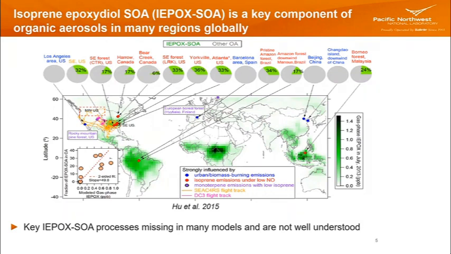So the key is that it is now well recognized that IEPOX SOA is forming in many places, including over the Amazon and over Southeast USA. The IEPOX SOA formation chemistry is shown to be really important. But still, the point I want to make is that many models are still not treating the IEPOX SOA processes correctly. They are missing many key processes, including the viscosity of organic aerosols, which is really important.